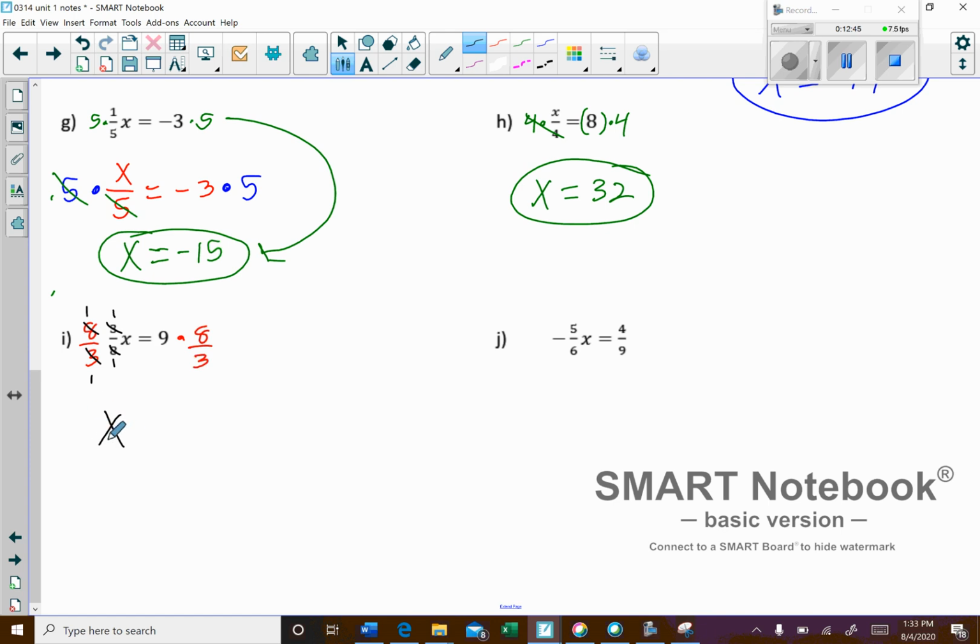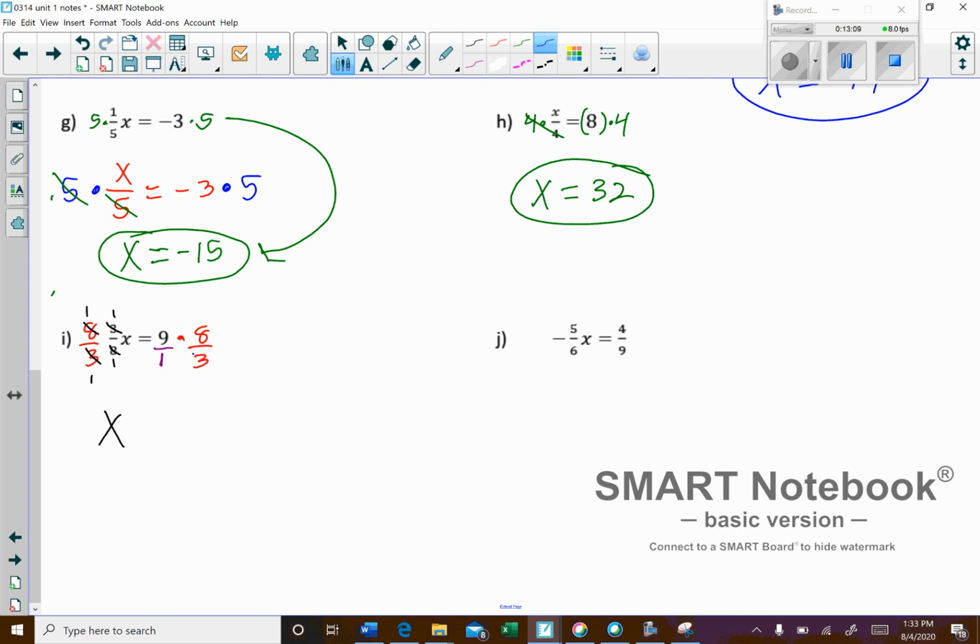We just write x. Now, on the right side, I've got 9 times 8 over 3. A lot of times if they're not both fractions, I'll turn the other one into a fraction. I'll just put it over 1, so it can kind of put everything on a level playing field. If you want, you can multiply going across, but I would go ahead and simplify as early as you can.